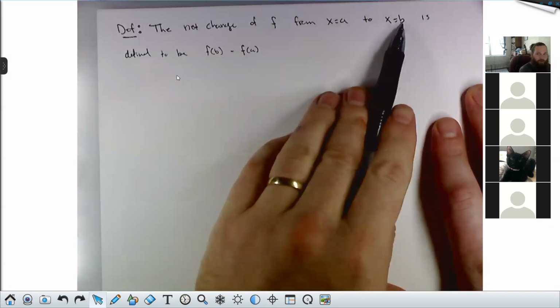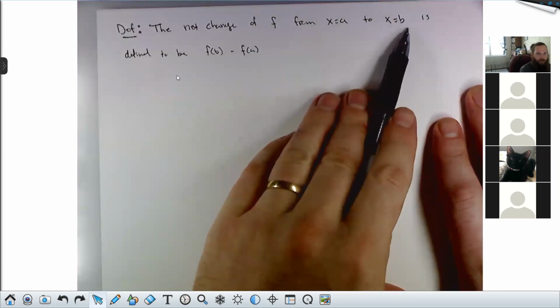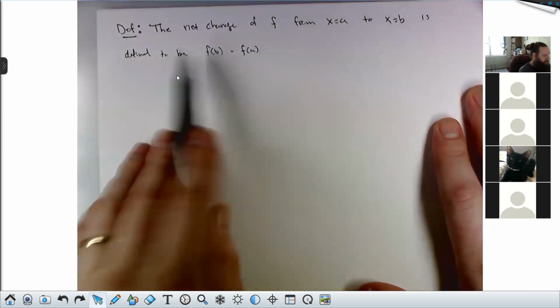So you take the output associated with the input b, which is the larger number here, and the output associated with the number a, and you subtract them.